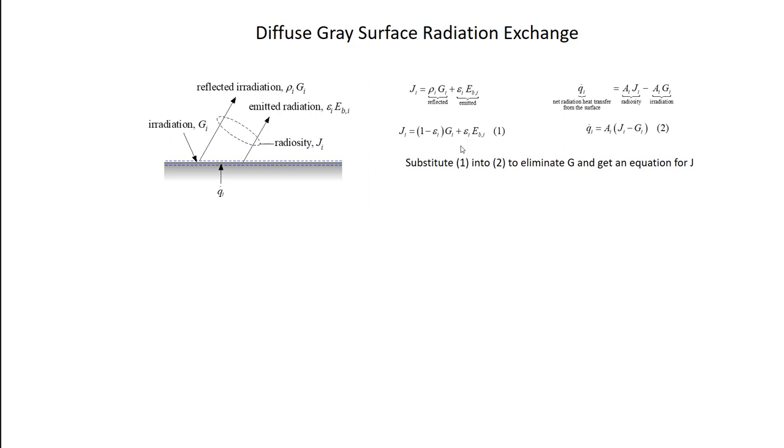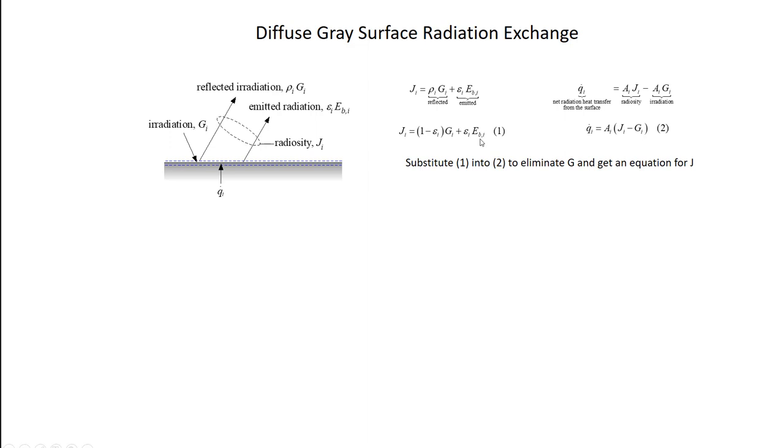We didn't have to, and the reason is because for a black surface, the radiosity is identical to the black body emissive power, right? If you think about what's going on with the black surface, it's going to absorb all the irradiation, so this term is going to go away, and then the black surface is going to emit the black body emissive power, so the emissivity is going to be 1. So the radiosity for a black surface is going to be identical to the black body emissive power.